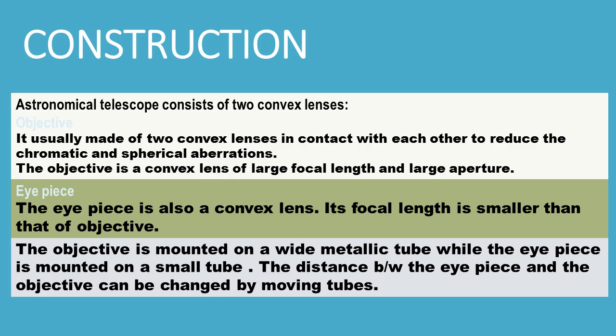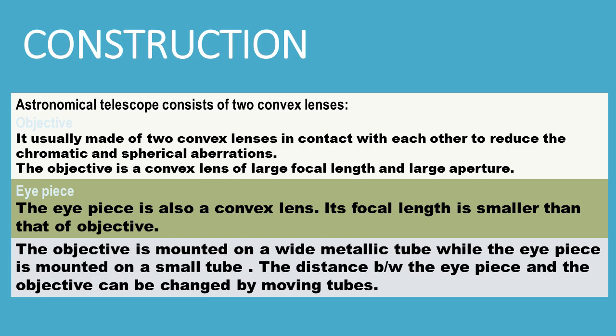The objective is a convex lens of large focal length and large aperture, so that it gathers more amount of light. The second lens is called an eyepiece, which is also a convex lens, but its focal length is smaller than that of objective.